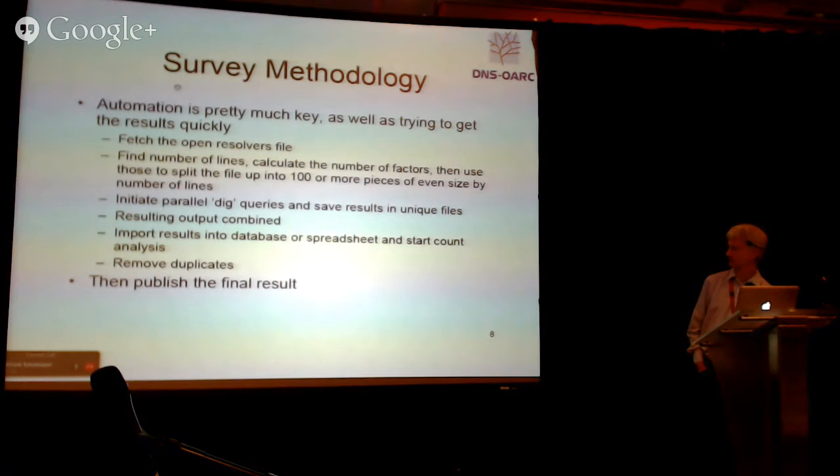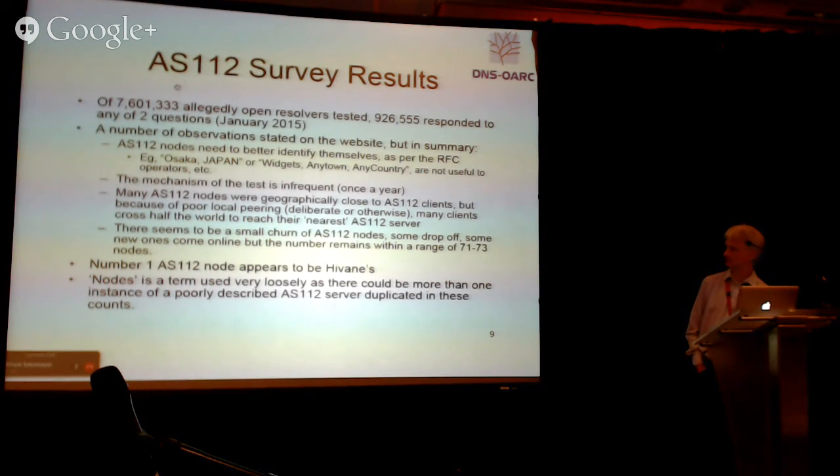So how did I do the survey? I didn't use route views in this case because it gives a limited scope. But I tried to automate it, run it once a year, and this is the methodology I use for the open resolvers. Next slide. So this is a list of open resolvers that I have from Jared Mauch, about 7.5 million allegedly open, and almost all respond.